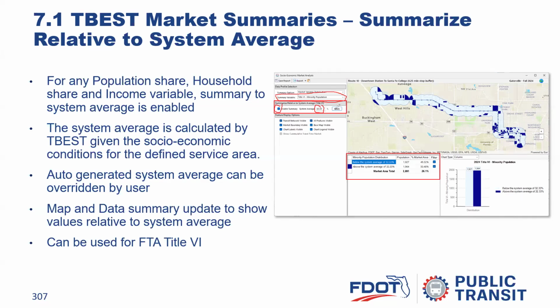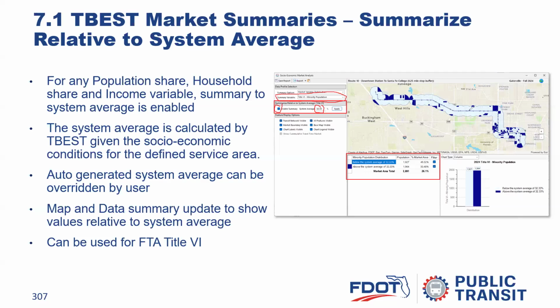So in the map, when we hit apply, it will show us the minority population where the percentage is over the system average and under the system average. So the darker shades here are those that are over the system average, meaning that the percent minority population is greater than 32.33.